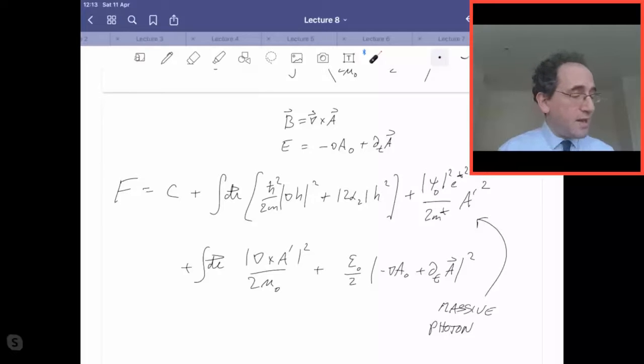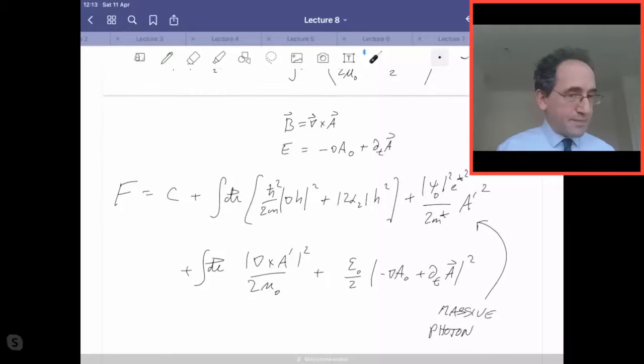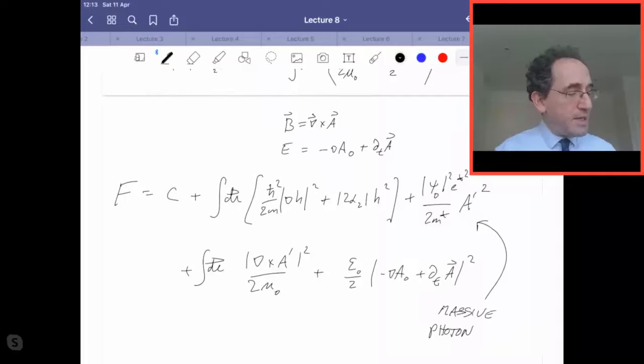So let's try to understand why that is. If we drop this mass term for the photon, then because both terms here, in the magnetic term and the electric term, have derivatives, we'll have a frequency that shows up here, which is going to be proportional to the speed of light times the wave vector.